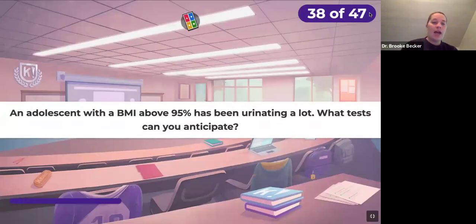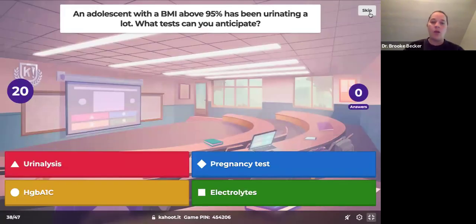Multiple select. An adolescent with a BMI above the 95th percentile has been urinating a lot. What test could you anticipate? UA, pregnancy test, hemoglobin A1C, or electrolytes.